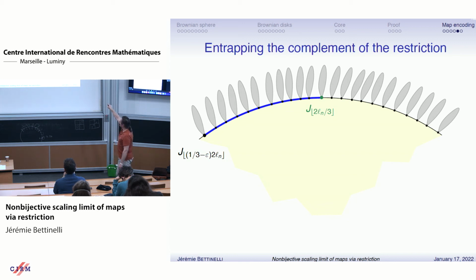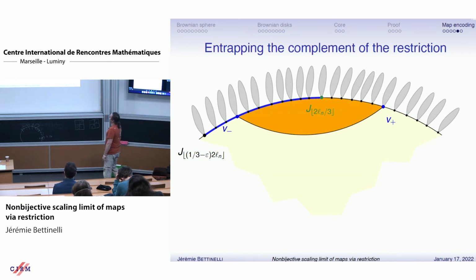So it's indexed by j_{2ln/3}, which means that when I go around, I arrive there at time j_{2ln/3}. And I want a part of length epsilon times 2ln. I will grow balls, and I stop whenever I hit this blue part here. So here, I hit the blue part there.